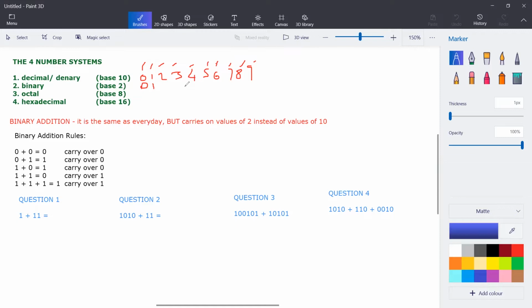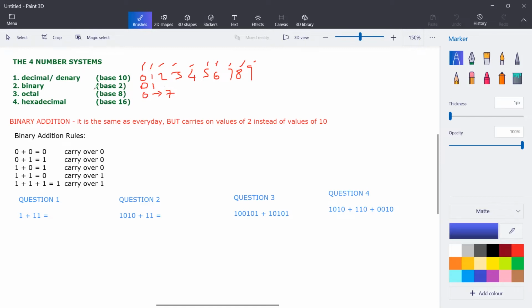Octal number system is base 8. So what we mean by base 8 is that it can carry 0 all the way to 7. If you count 0, 1, 2, 3, 4, 5, 6 until 7, you'll realize that you have 8 digits. Both octal and hexadecimal are just used to simplify binary number systems.